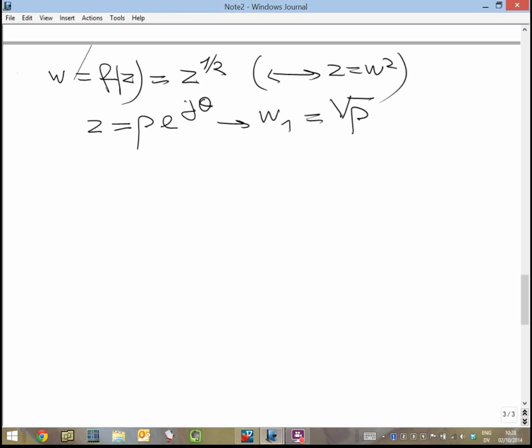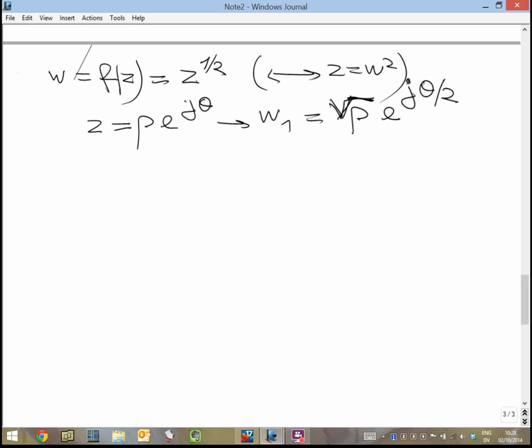Since rho is a real number, we can safely use the root sign again. So this is a real valued square root that you all know and love from a long time ago. And you divide the argument, the angle, by 2. So you have exponential j theta over 2. This is one solution. There's of course a second solution, which is minus this solution.